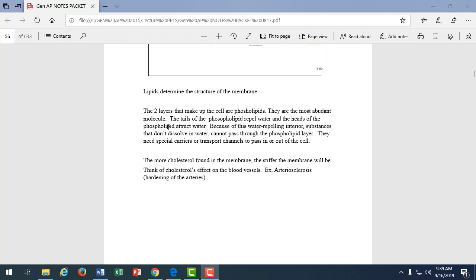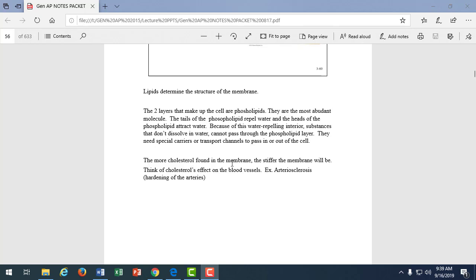So the tails are hydrophobic, hydro meaning water, phobic meaning fearing, water fearing, and the heads are hydrophilic, meaning water loving. So they attract things to the surface because we want to get things to the cell surface, and then we have to decide how to get them across. We're going to talk more about that today. So some require special carriers if they are repelled by that fatty core.